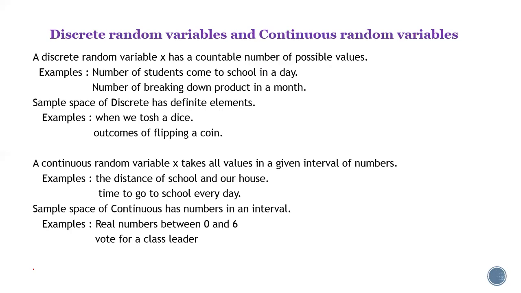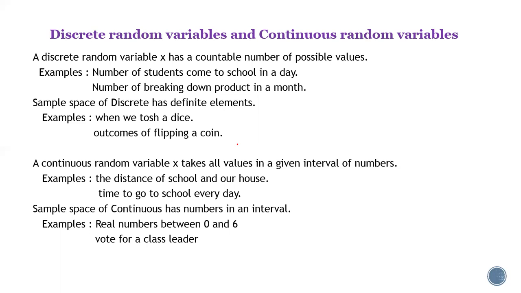And how about continuous random variables? A continuous random variable X takes all values in a given interval of numbers. So different with discrete random variables. If discrete random variables have a countable number of possible values, continuous random variable takes all values in a given interval of numbers, right? For example, the distance of school and the student's house, or time to go to school every day.